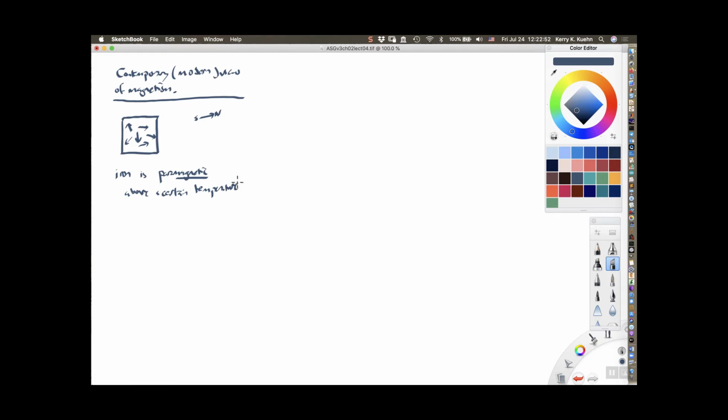What we mean by paramagnetic is each of the atoms behaves like a little magnet, but because there's high temperature, the temperature kind of scrambles up the orientation of these. So they're pointing in all different directions. Whereas each one of these individually acts like a little magnet, overall this piece of iron doesn't have an overall magnetization because it's confused. There are little magnets pointing in every different direction.